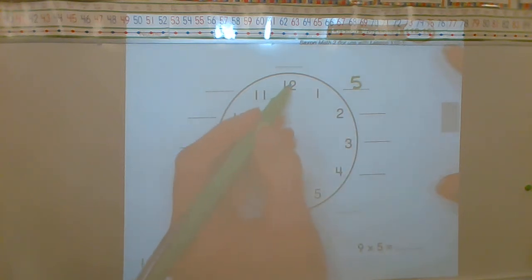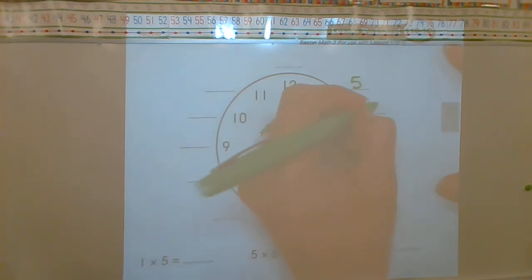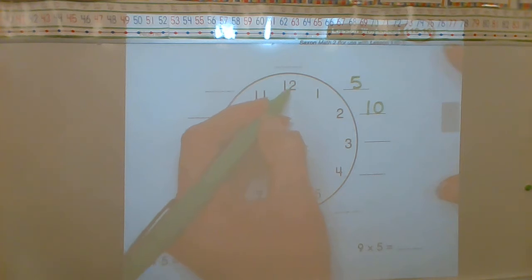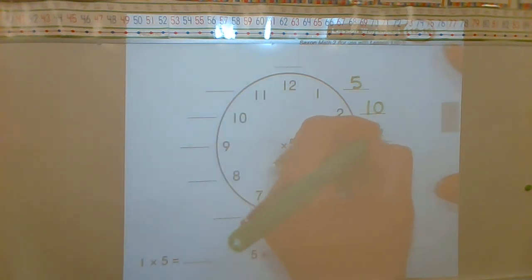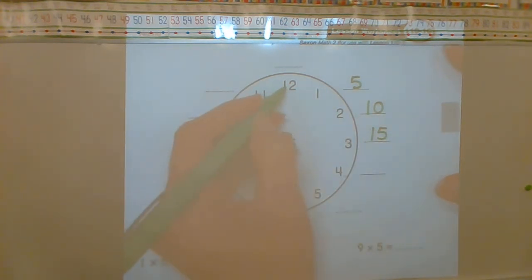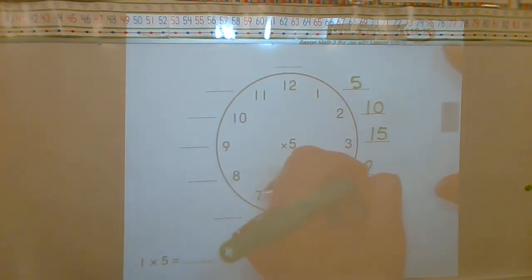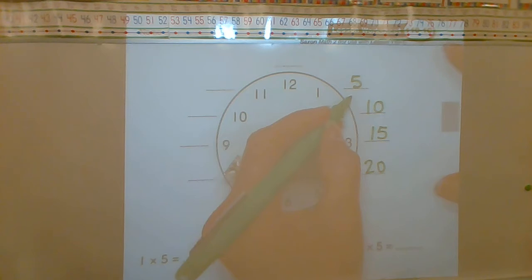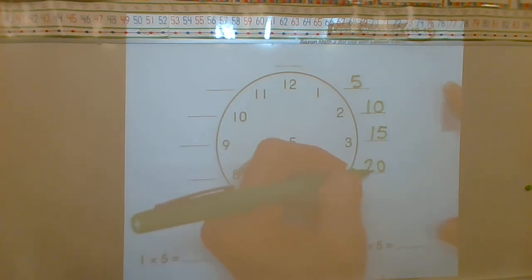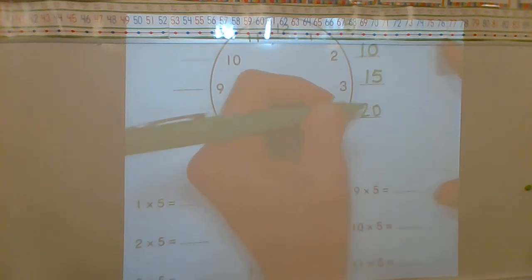How many minutes between 12 and 2? 10 minutes, that's right. How many minutes between 12 and 3? 15 minutes. How many minutes between 12 and 4? What do you see happening? 5, 10, 15, 20. Let's go ahead and fill in the rest of the clock.